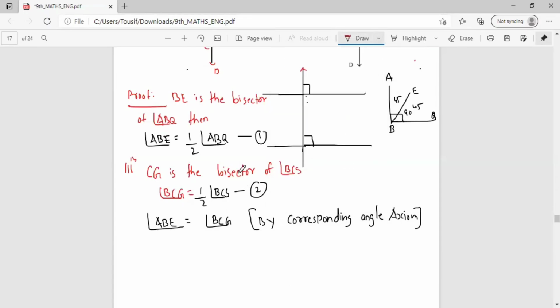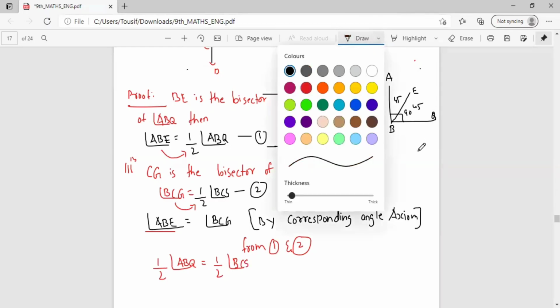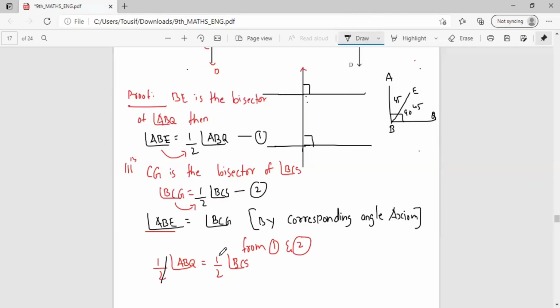So from equations 1 and 2, from equation 1, as you can see, angle ABE is equal to half of the angle ABQ, and BCG is equal to half of the angle BCS. So from both sides we cancel the half, and what remains for us is angle ABQ is equal to angle BCS.